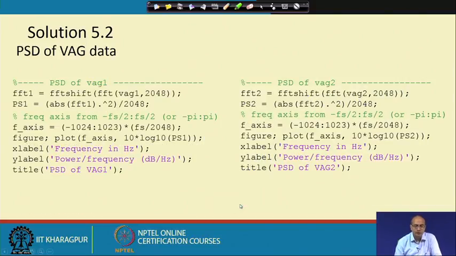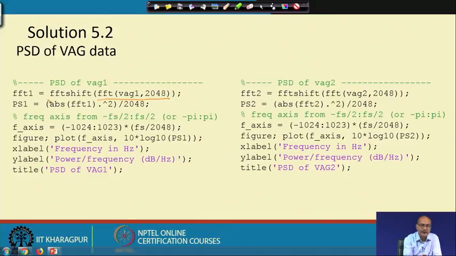So, now let us see how actually we would compute the PSD. We have already seen that in the previous example, we are repeating the same thing. So, we would move fast in this case. So, what we do? First we take the FFT of the signal, 2048 point FFT.